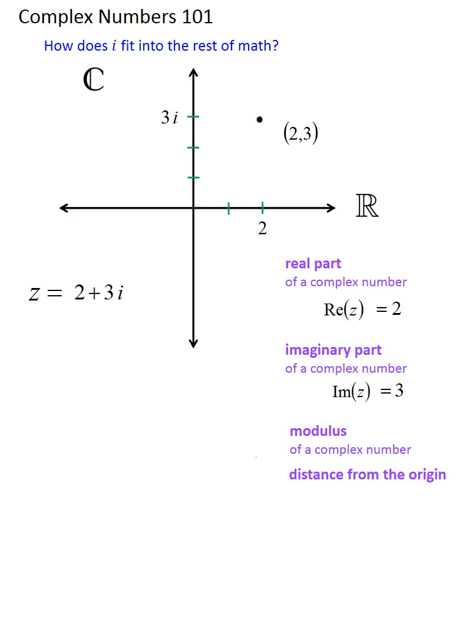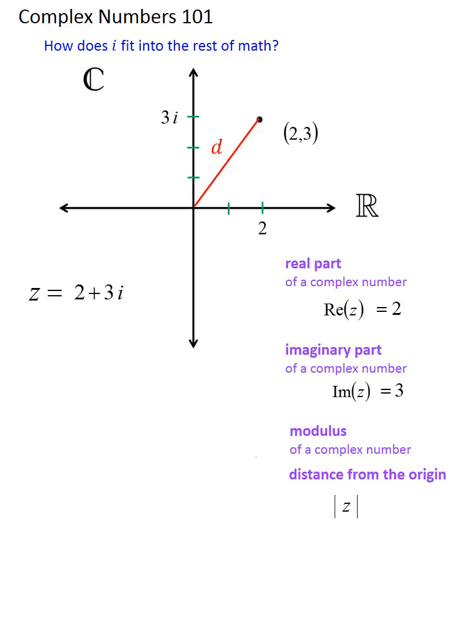In other words, how far is that dot from the origin? What is this distance here? Well, it's something that we can compute. We call that distance the modulus, but we also call it the absolute value, referring to it as a distance from the origin. So let's go ahead and find that.